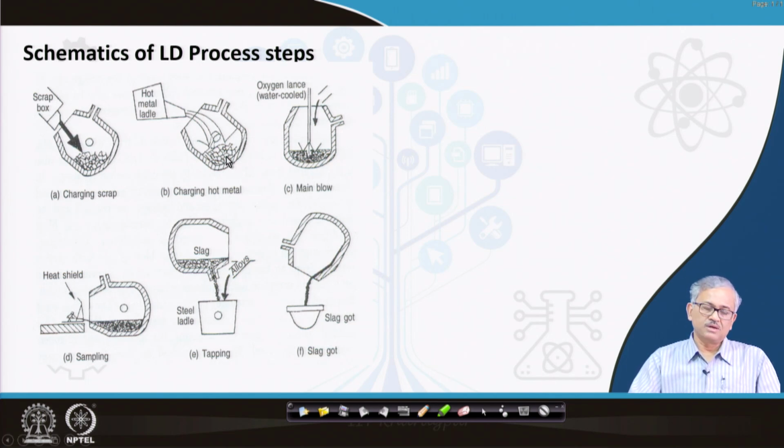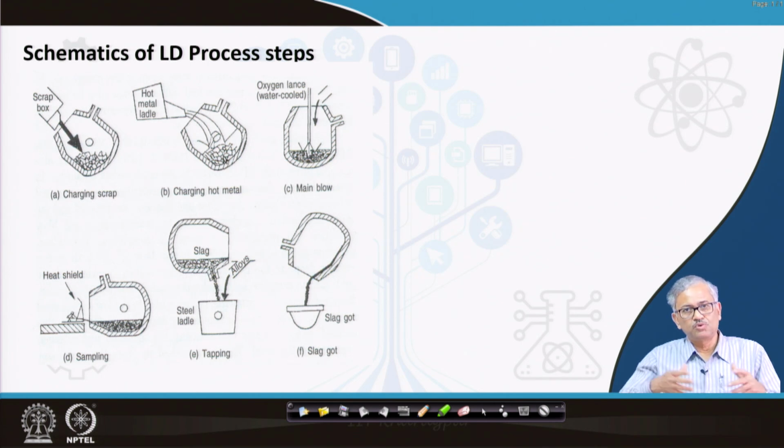That is the reason why it is charged like this. And there is another reason: if you charge the hot metal over the scrap, it also helps in scrap melting, because the inertia of the liquid steel that is poured over it gives some convection, and that helps in scrap melting.